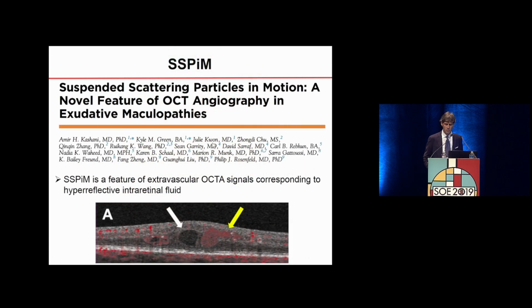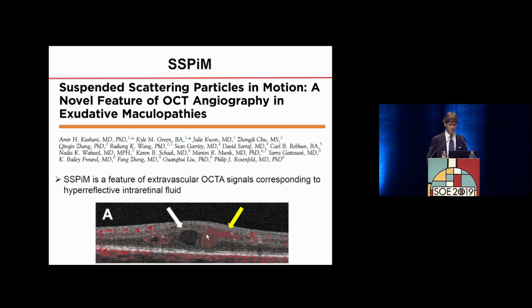Unfortunately, this is not completely true. As more or less a year ago, there was this publication introducing a new term, that is SPIM. SPIM means small particle emulsions that are in the cysts. And these are these grayish areas inside the cyst that are detected by OCT-A as movement, so as flow.